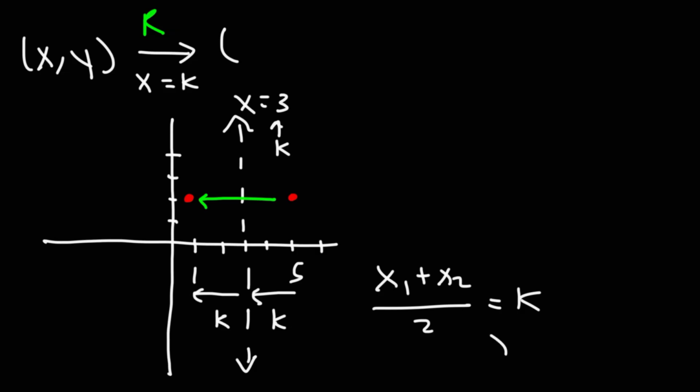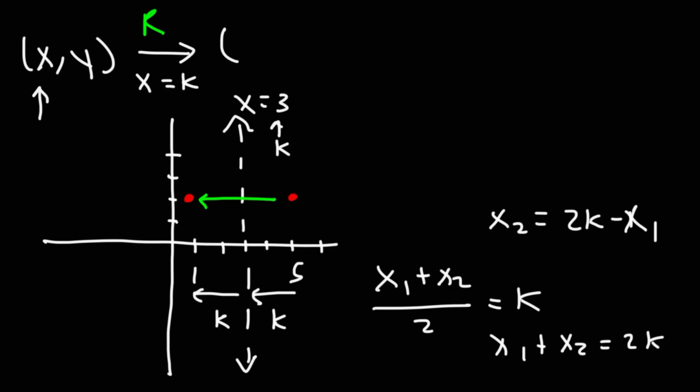If we were to multiply both sides by 2, we would get 2k. So to get the second x point, it's simply 2k minus 1. So if this is our original x value, x1, the new x value will be 2k minus x1. So the new x value will be 2k minus the original x value.